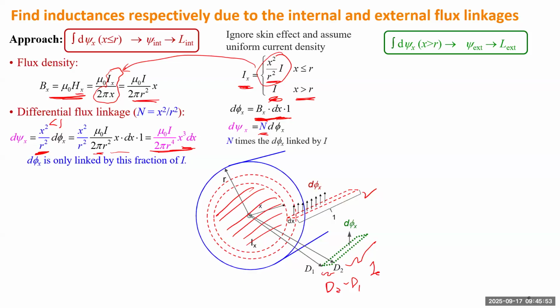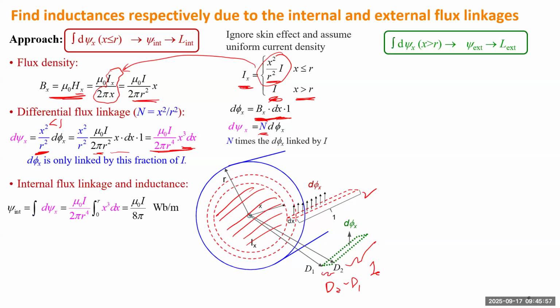So this one will be integrated to calculate total flux linkage. In the integration, those others are all constant, so you only integrate this x cubed. If you do the integration, this will be the total flux linkage inside the conductor.